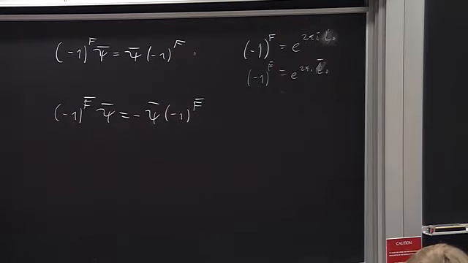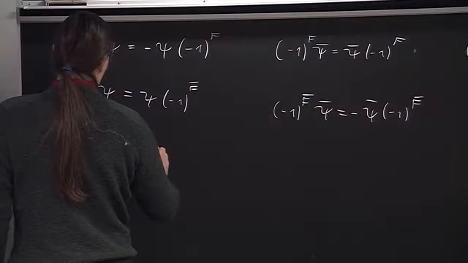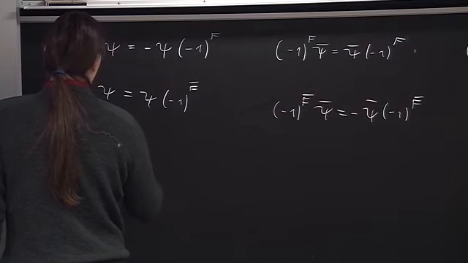So there is some state G, which is the ground state for the ghosts and super ghosts in the Neveu-Schwarz sector.